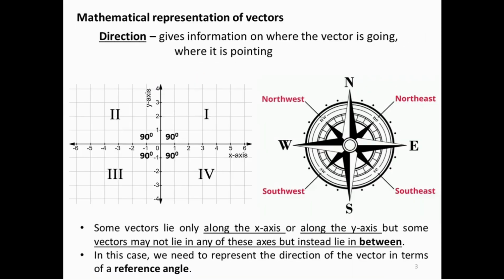You already learned as well that in direction, we usually represent it in terms of the x, y, or z axis. So it could be positive x axis or negative x axis, or positive y axis and negative y axis. But aside from that, we can also represent them in terms of direction, such as east, west, north, and south.